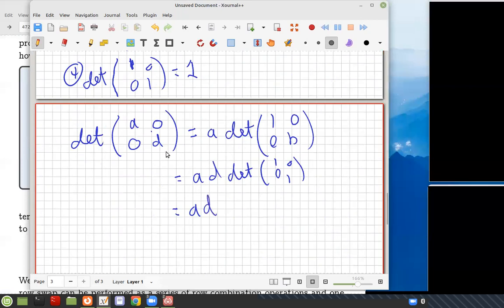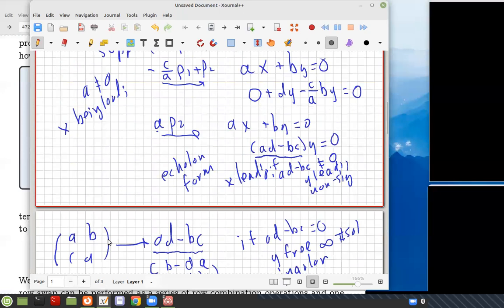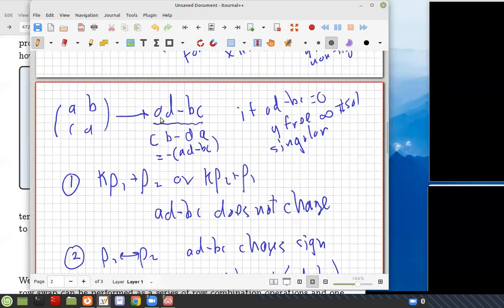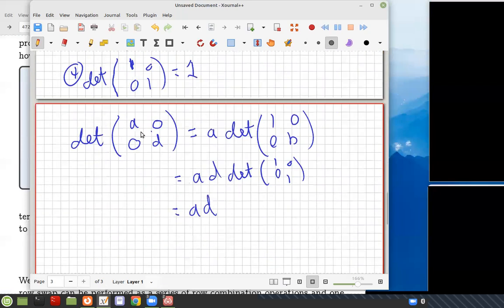Okay, well, this piece here is the part of this formula where B and C are 0. So this first part of the formula is just given by that.